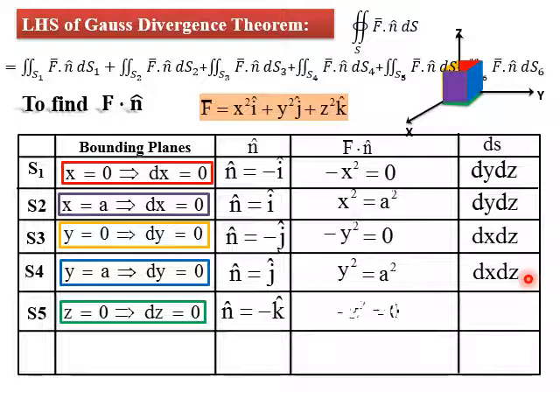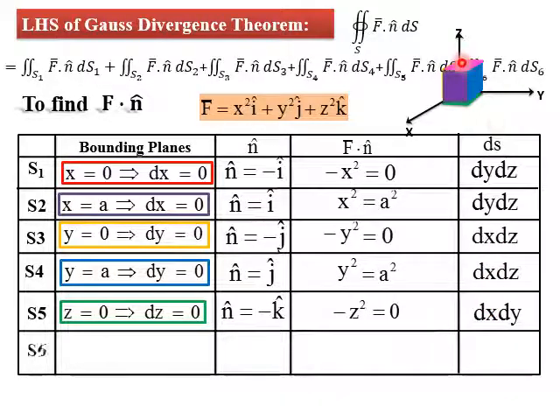Similarly, the fifth face S5 is z equal to 0. On z equal to 0, dz is 0. N cap is the outward normal in the direction of minus k cap. F bar dot minus k cap is minus z square. On the surface S5, z is 0. Therefore f bar dot minus k cap takes the value 0. For S5 the elementary area is dx dy.